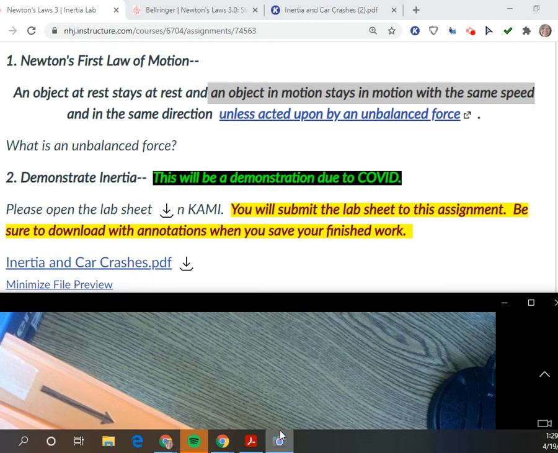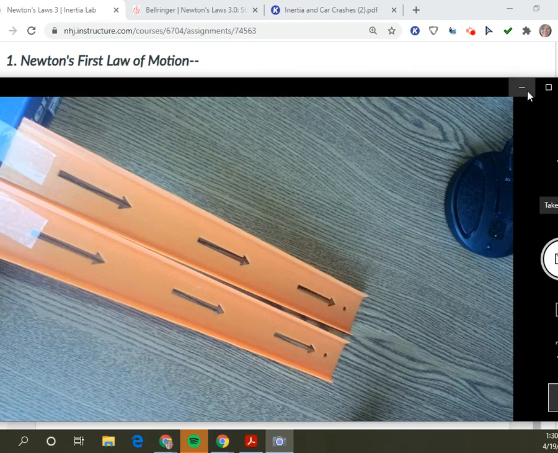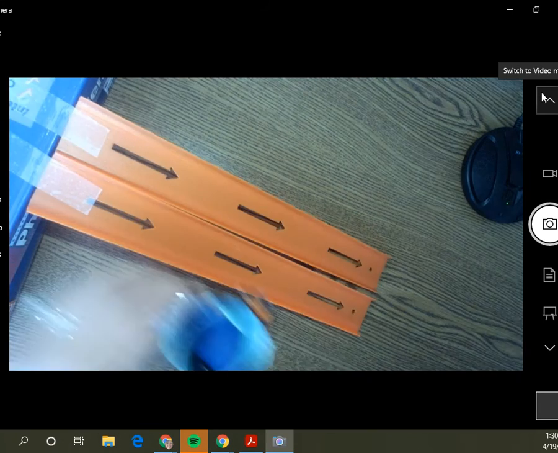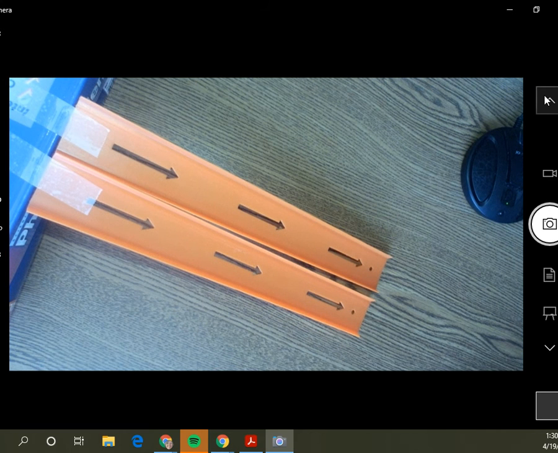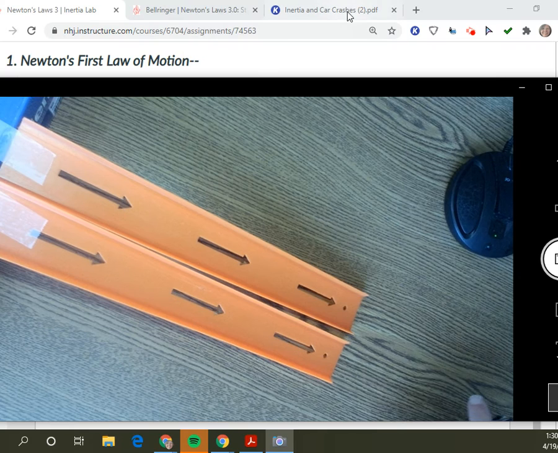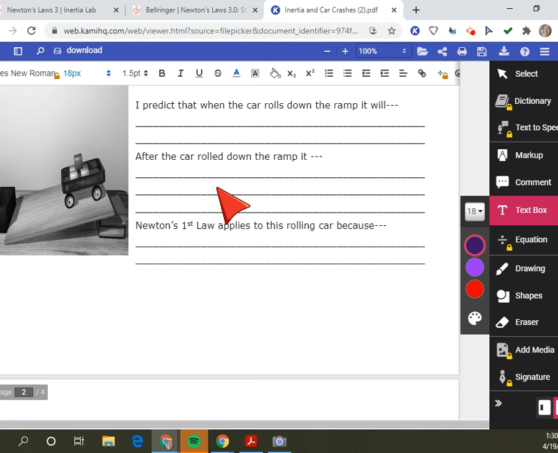Let's look at our car here and see, do you think it's going the same speed? Surely didn't seem to slow down in any way, shape, or form. Okay, so you should have those questions answered. And then we'll go on to the next one in about 30 seconds.